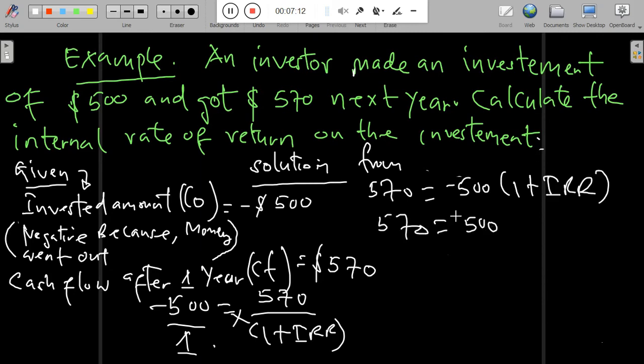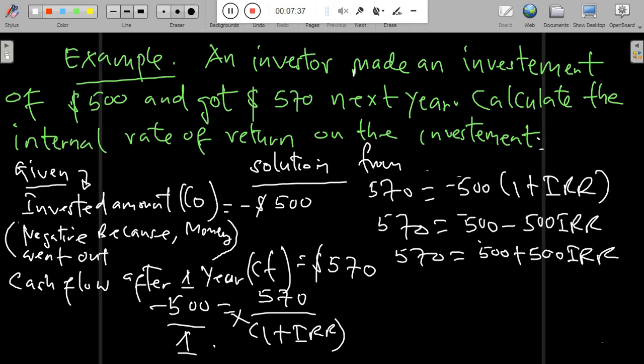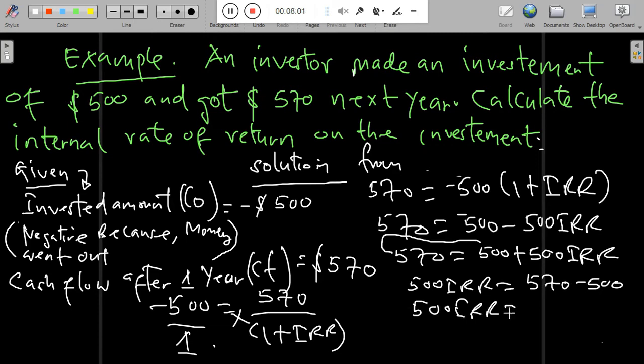When you multiply out, you obtain 500 plus 500 IRR. We shift 500 to the left hand side and subtract it, so 500 IRR will be equal to 570 minus 500, which is 70. We divide by 500 on both sides, and our IRR will be equal to 0.14.